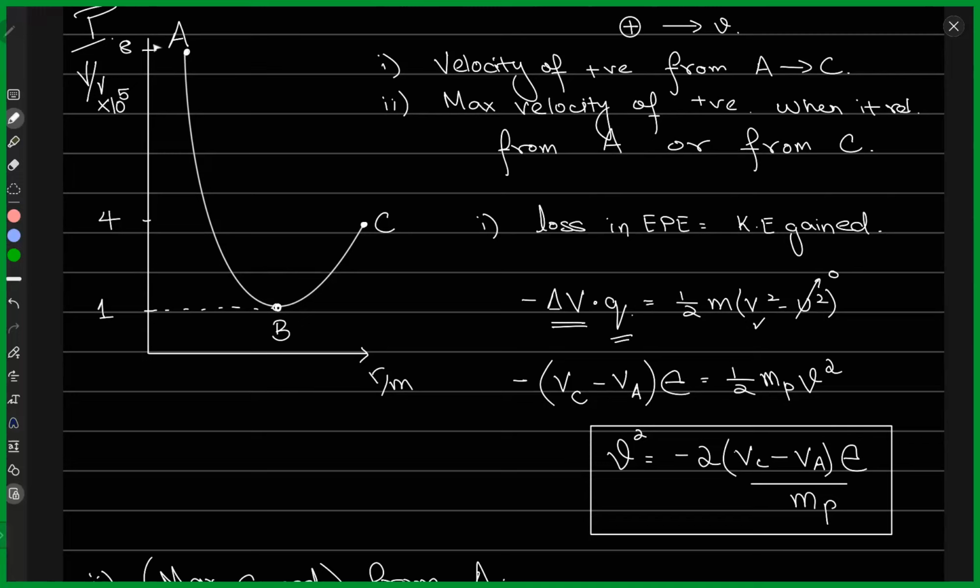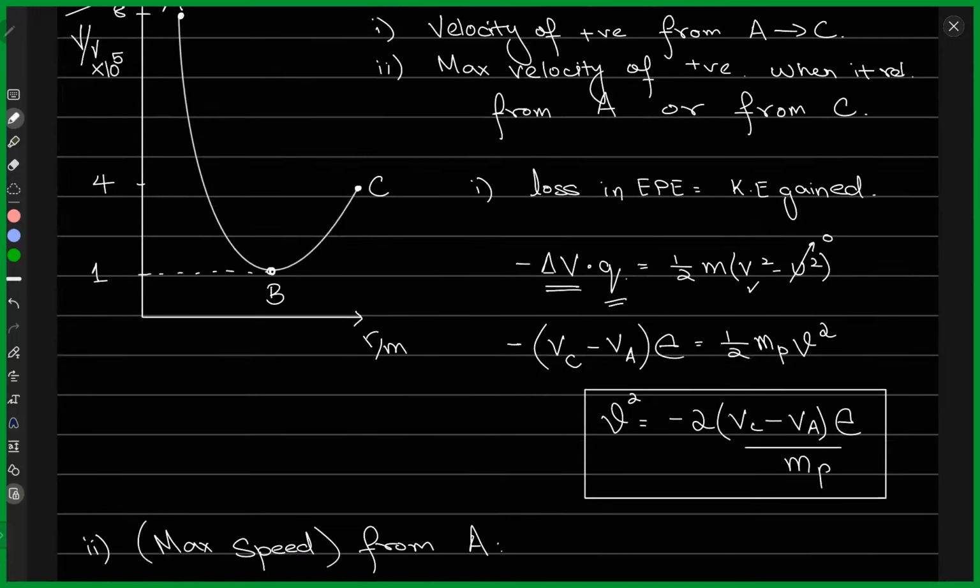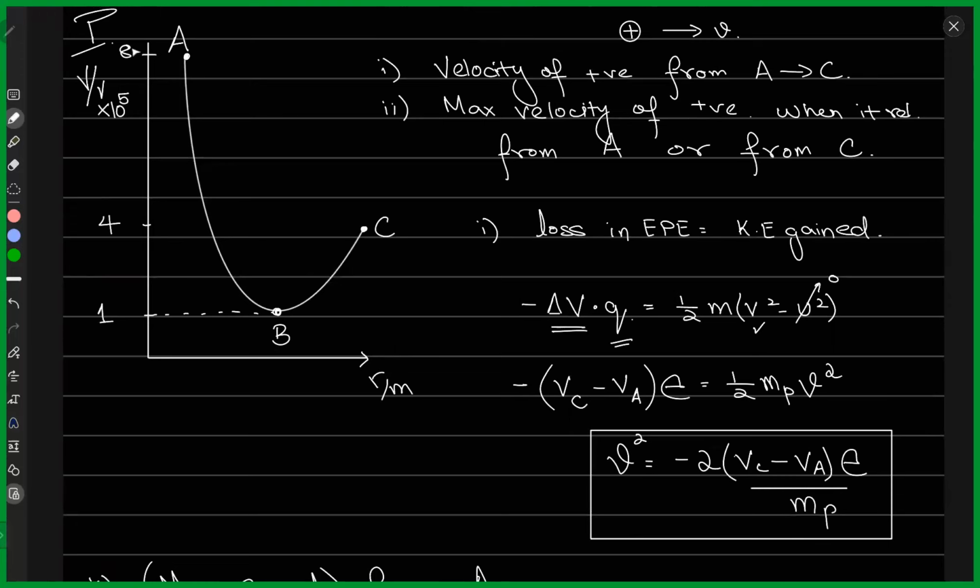So if it's released from A, then its initial potential is 8 at A and 1 at B. And if I want to find the same thing, maximum speed, when it's released from C, then its initial potential is 4 and final potential is still 1.